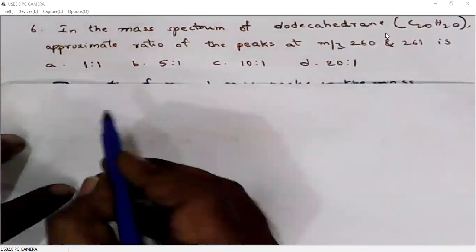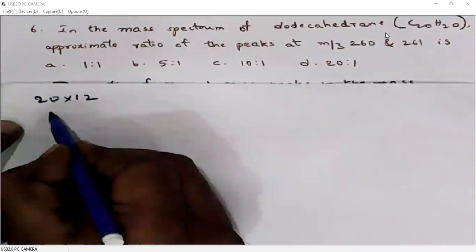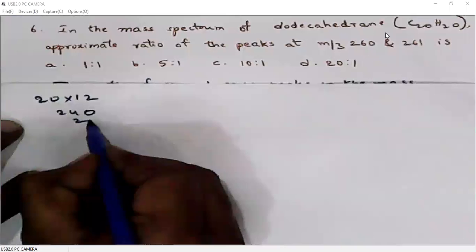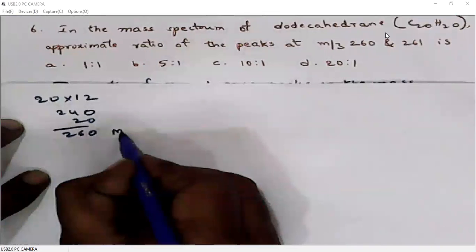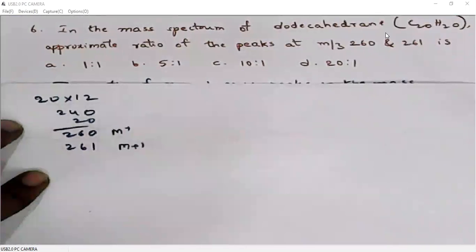We have 20 carbons, so 20 into 12 is 240, plus 20 hydrogens gives 260. So 260 is nothing but the M peak. What is 261? It is the M plus 1 peak, from isotopes.